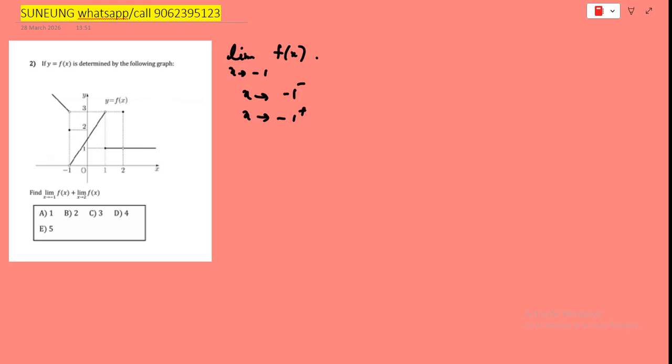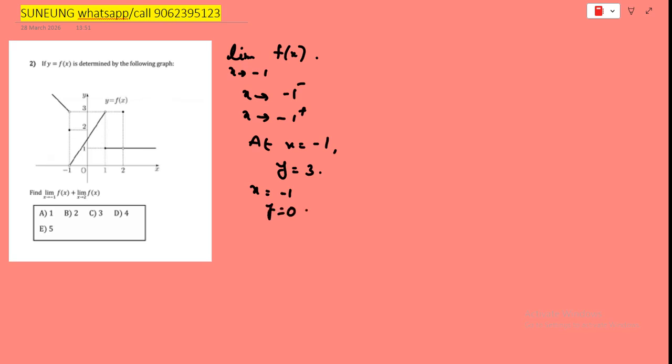Actually, let's read the graph's language. Looking at the line segments at x is equal to -1, the path from the left approaches y is equal to 3. And at x is equal to -1, the path approaches from the right y is equal to 0.